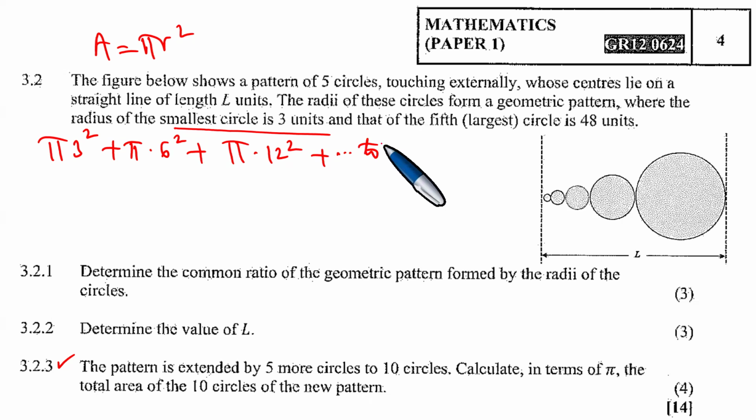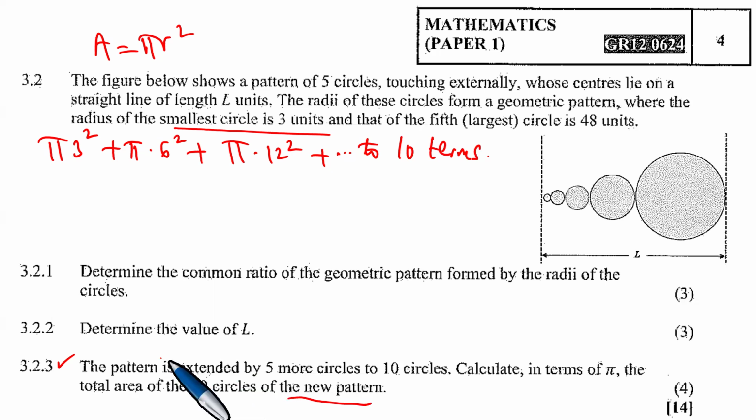Because they're saying the pattern is extended by 5 more circles. Calculate in terms of pi the total area of the 10 circles of the new pattern.